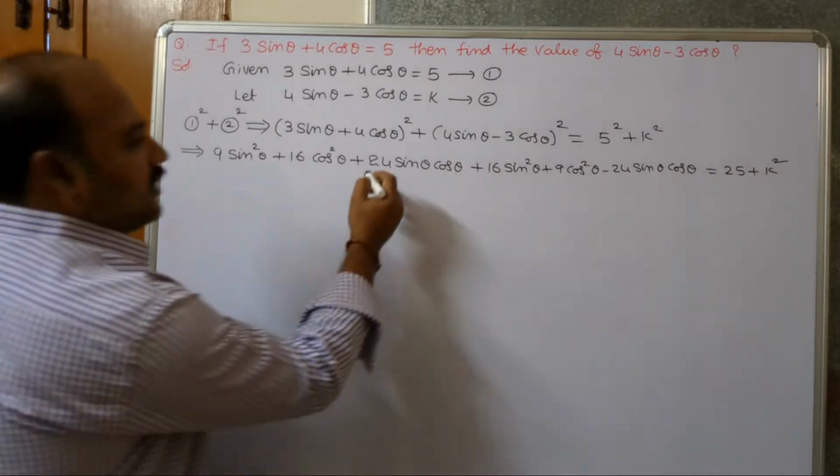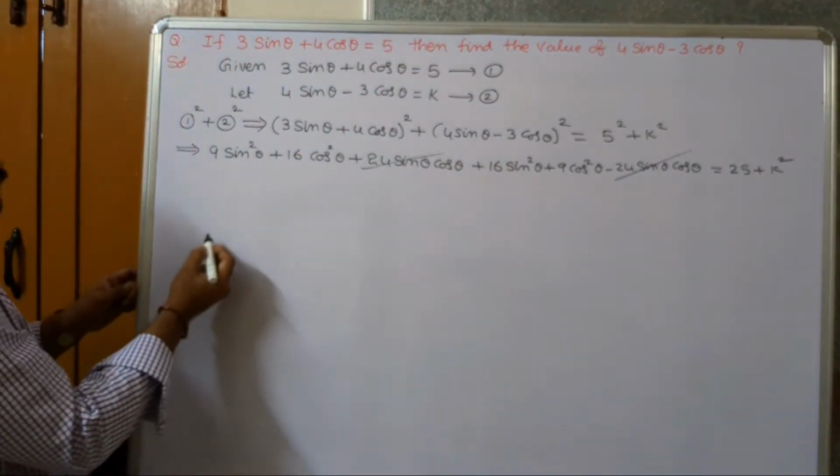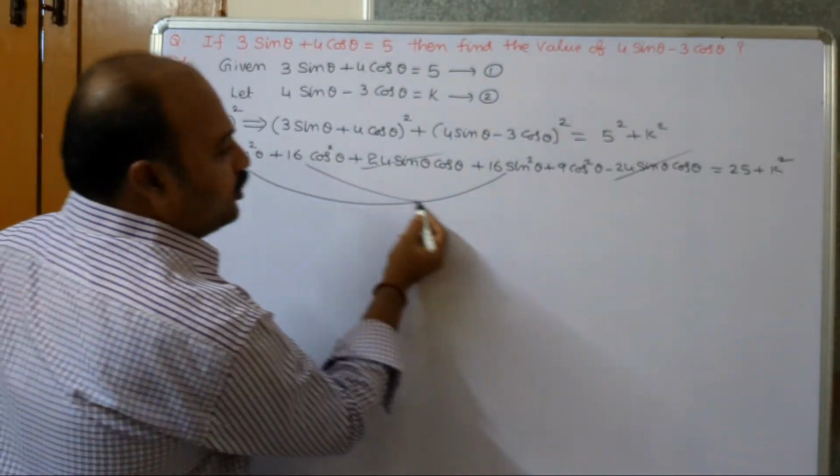On the left side, plus 24 sin theta cos theta and minus 24 sin theta cos theta will be cancelled.